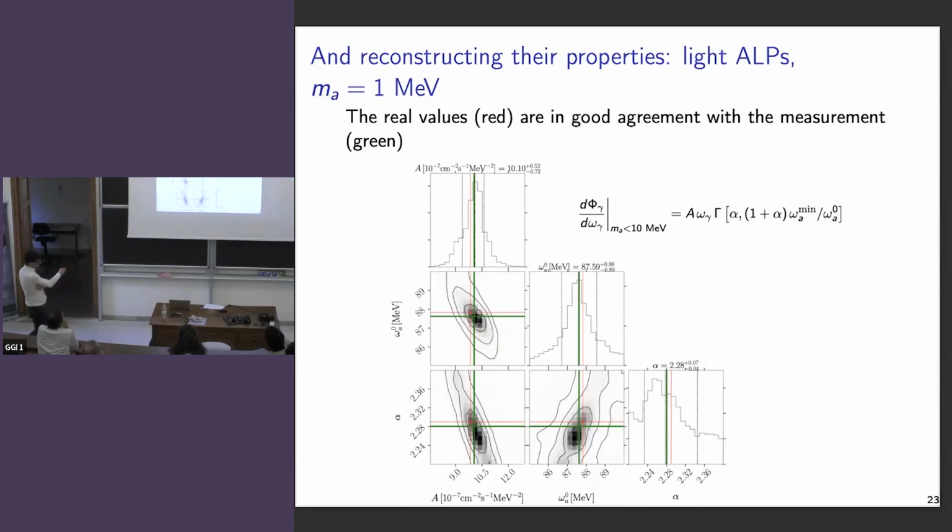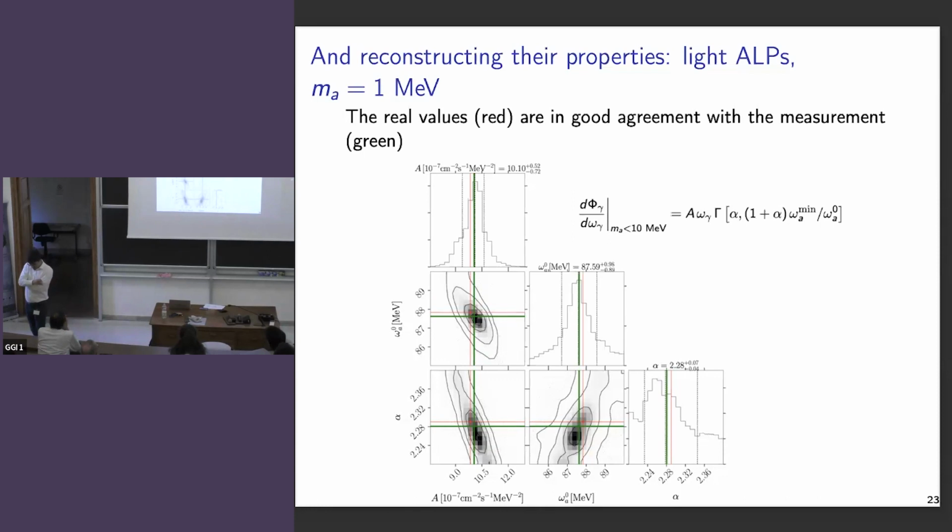A is a renormalization factor. Alpha is related to the spectral shape of the produced ALPs, while omega 0 is the average energy of the produced axions. And you can see here that by performing a likelihood analysis, they reproduce the real values, which are in red, with the measurements, which are shown here in green.